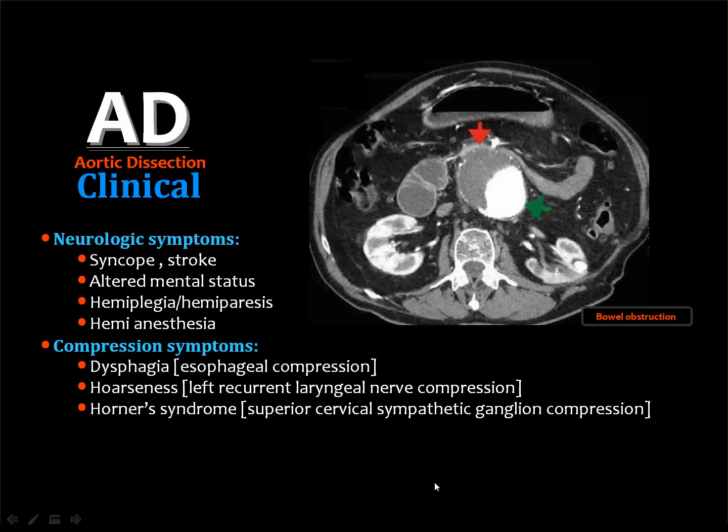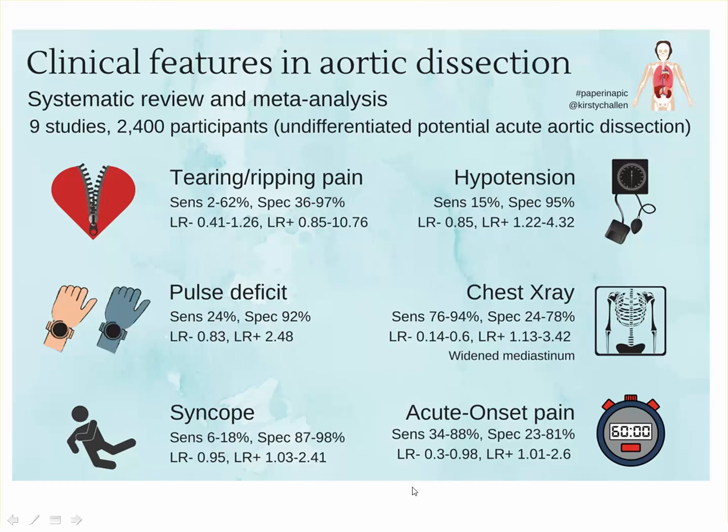The gastrointestinal or compression syndromes may result from compression of the esophagus leading to dysphagia, compression of the recurrent laryngeal nerve leading to hoarseness of voice, and Horner syndrome if the superior sulcus or the apex of the lung is involved. And this is the summary of the clinical features of aortic dissection: pain, pulse deficit, syncope, acute onset of pain.